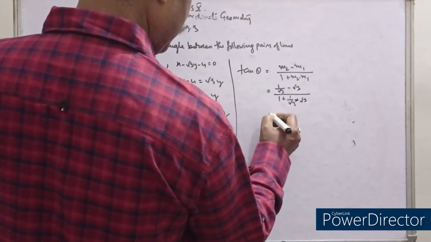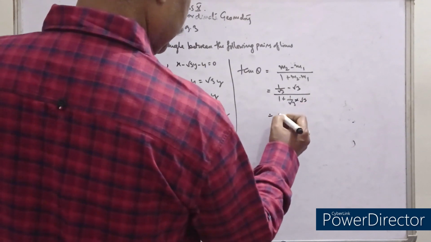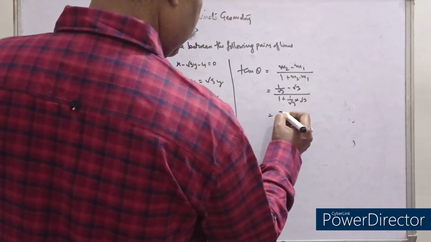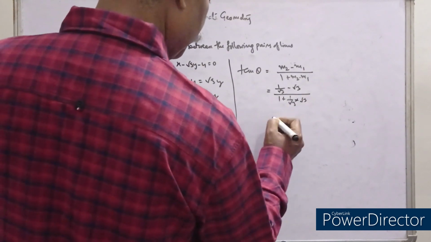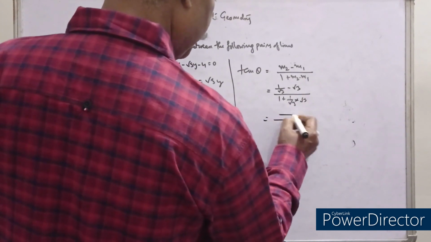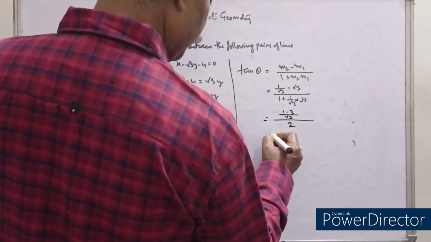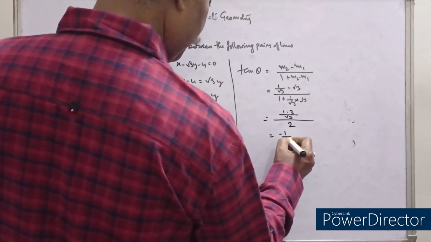So this comes out to be, with LCM root 3, (1 minus 3) by root 3 over 2, so this will be minus 1 by root 3.